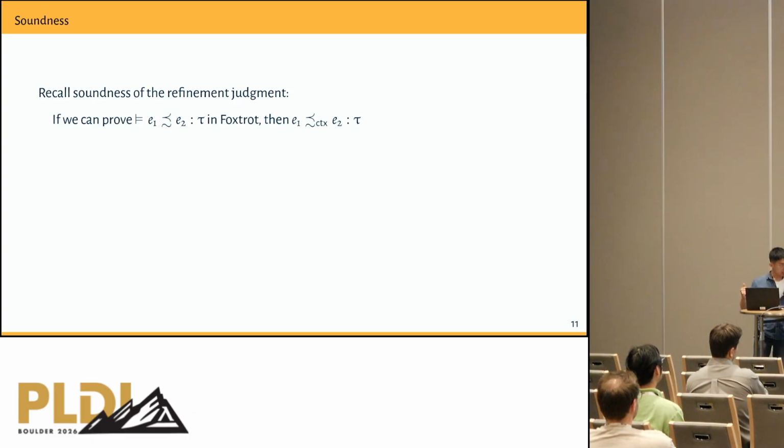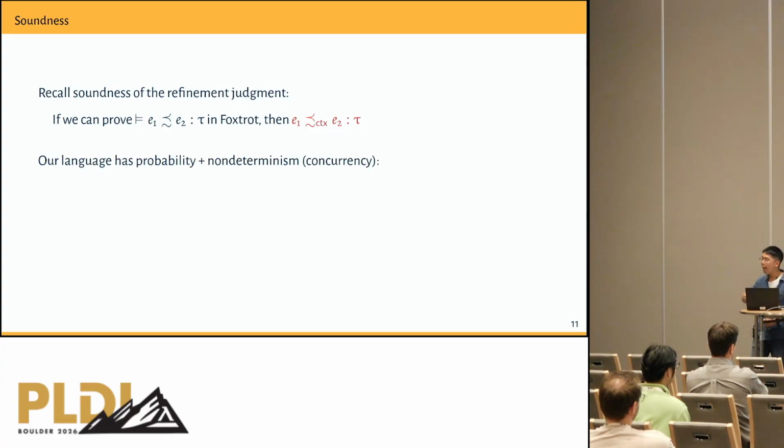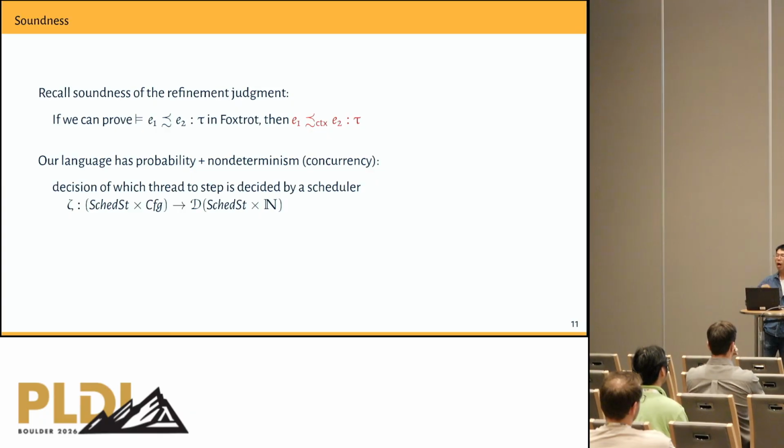To even state this theorem, we have to be a bit more precise about the operational semantics of a concurrent probabilistic program. Because we have both probability and non-determinism induced by concurrency, our operational semantics are parameterized by a scheduler. This scheduler is a device that helps us resolve all the non-determinism of the execution of a program. In particular, it decides which thread to step next.